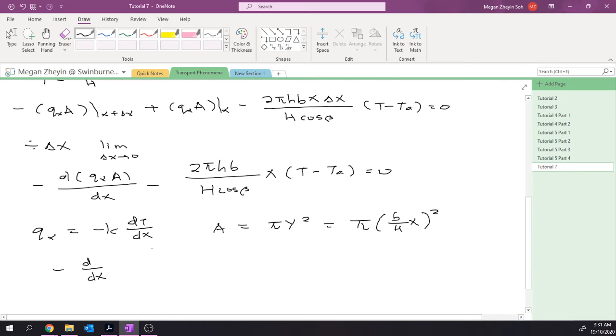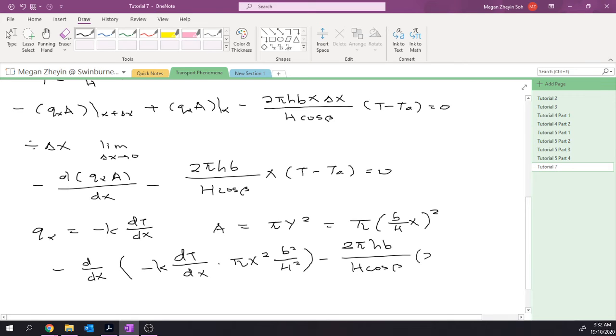So q and A, we put it in, negative k dT over dx multiplied by pi x squared b squared over h squared, minus 2 pi h b over h cos beta x (T minus TA) equals to 0.